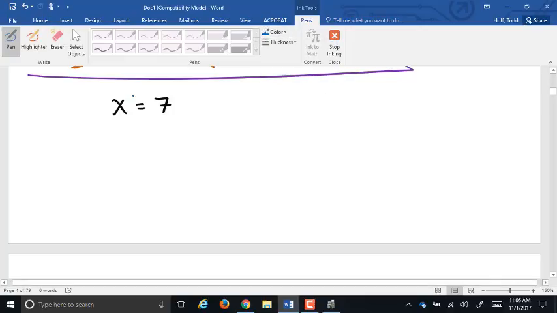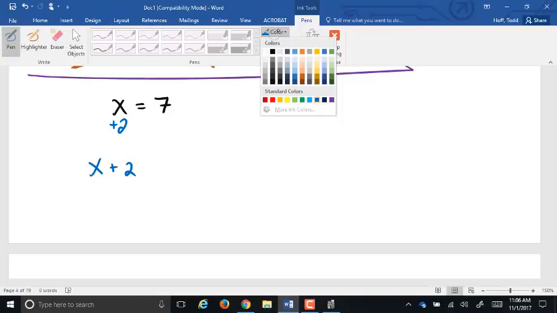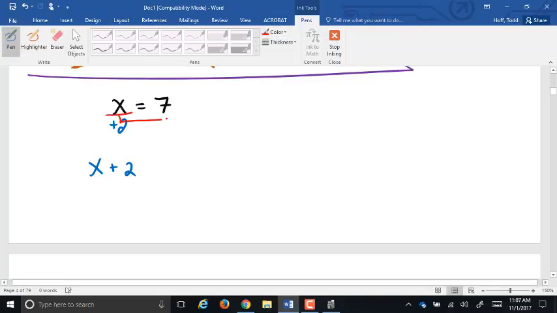So our basic operations can be used to build onto this equation. For example, we might add 2 to the x. That becomes x plus 2. However, equations are balanced scales pretty much. Whatever's on one side exactly balances what's on the other side.